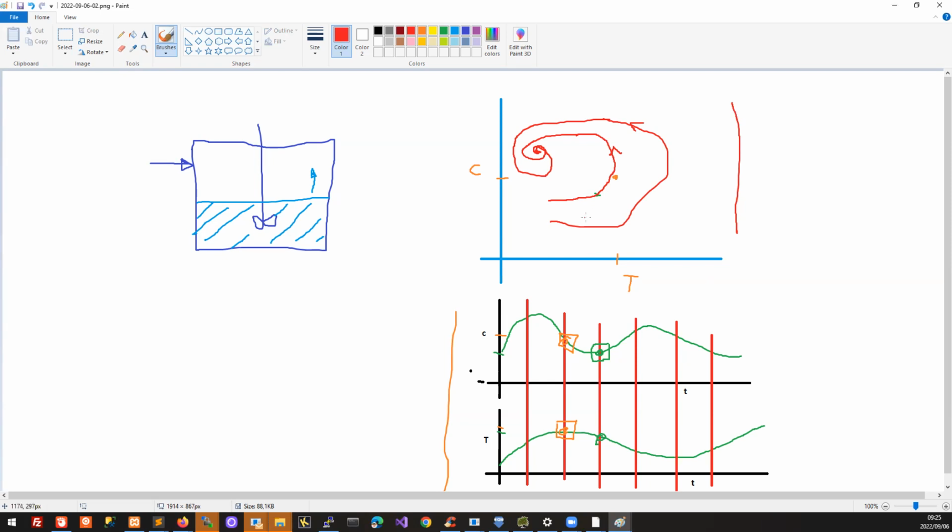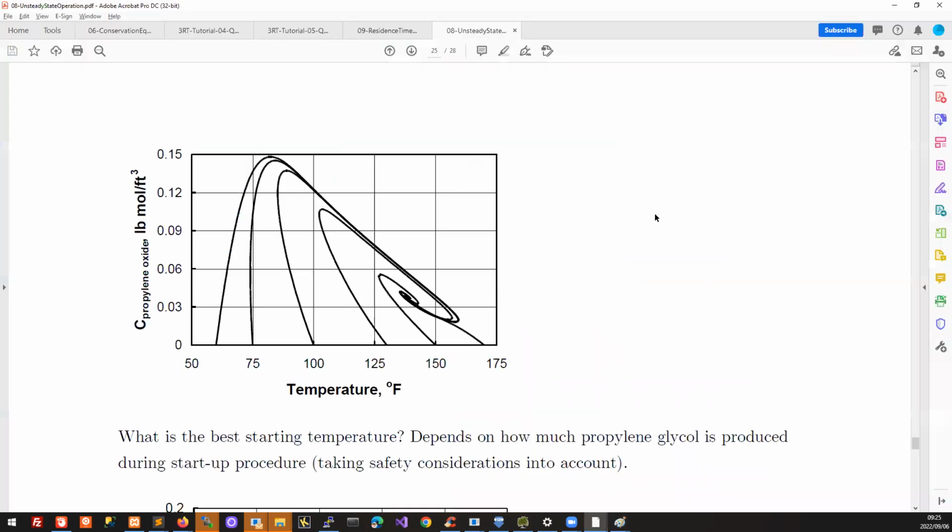This is a locus of points, and these curves are loci of points. So that's a phase plane that helps us understand the dynamics of a system. And we can see no matter where we start, the system loops in around and falls into this very stable steady state. Okay.